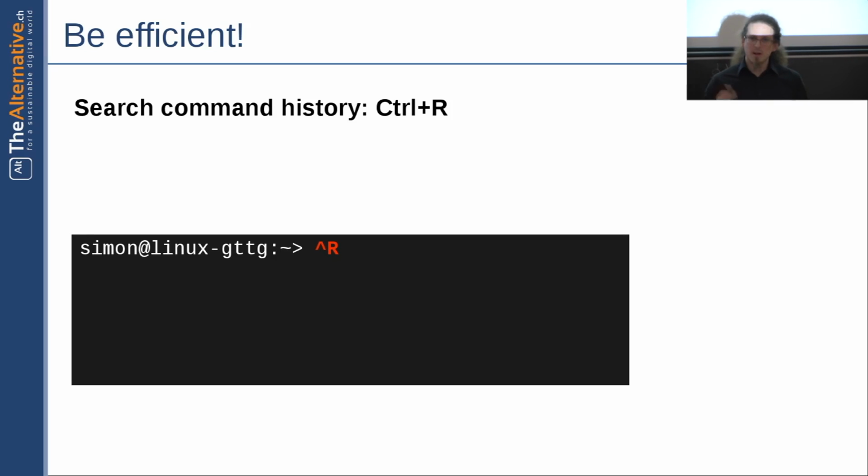Then the command history is also searchable. After hitting the arrow key up 5-6 times, this gets tiresome. And again, we are lazy people, so you just hit Ctrl-R and type what you're looking for. Maybe you only remember a part of the command, a file name maybe that you used, but not the command exactly.